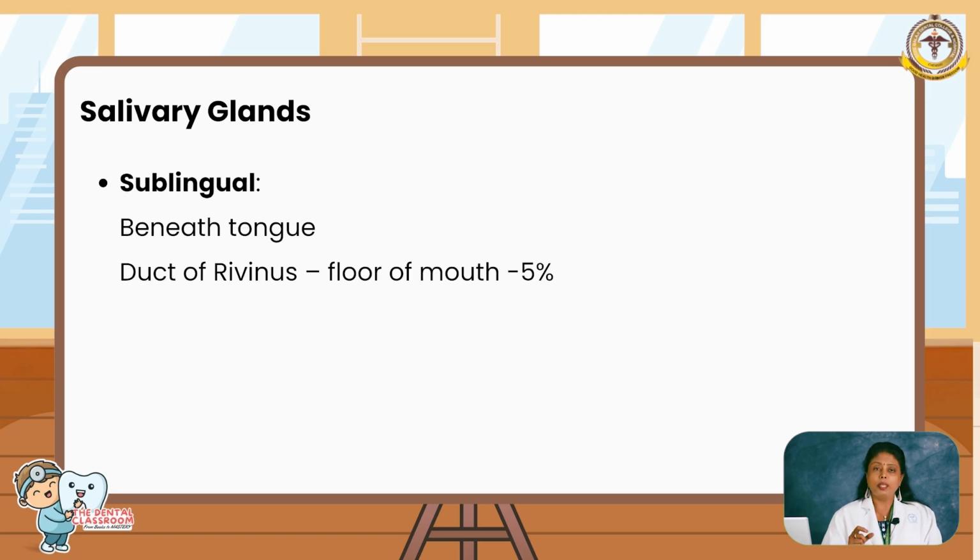And finally, the sublingual gland is the smallest gland, about 2 to 3 grams in weight. It is located beneath the tongue, and the duct which drains the secretion is called the duct of Rivinus in the floor of the mouth. It contributes only 5% of the entire salivary secretion.